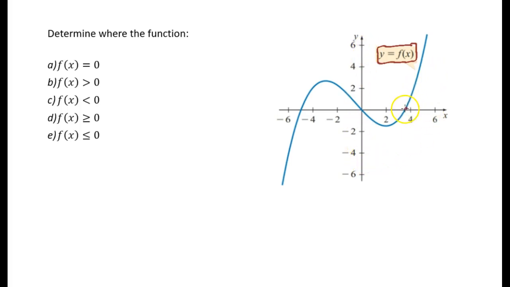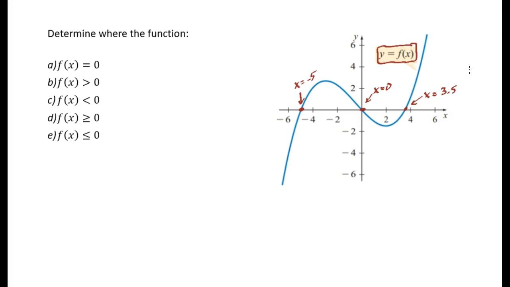So realize at this point right here, this point right here, and this point right here, we are equal to 0. So this is approximately x equals -5. This is x equals 0, pretty sure. And this is x equals about 3.5, I'd say.